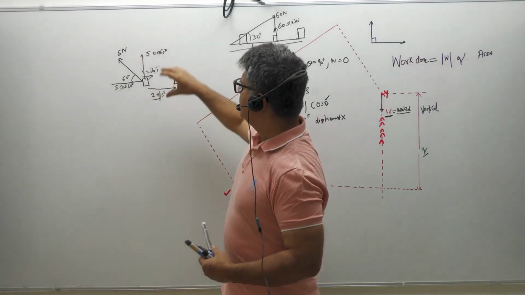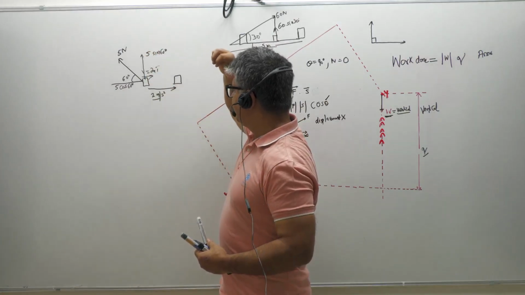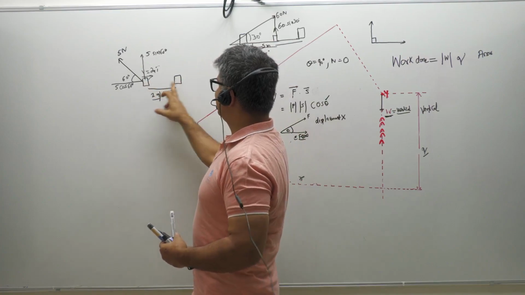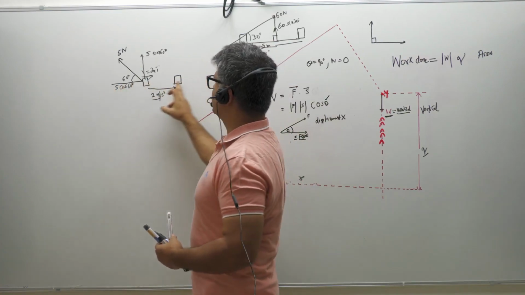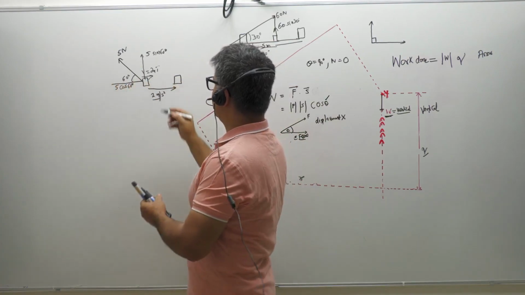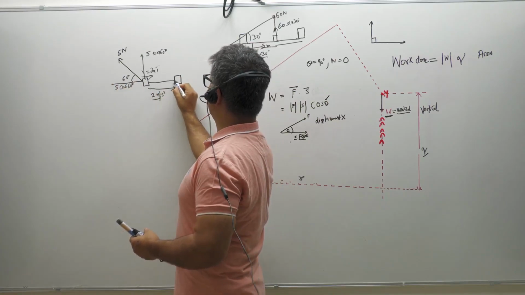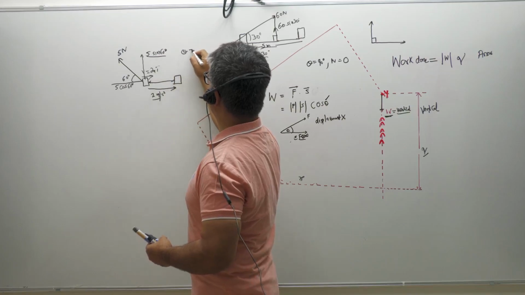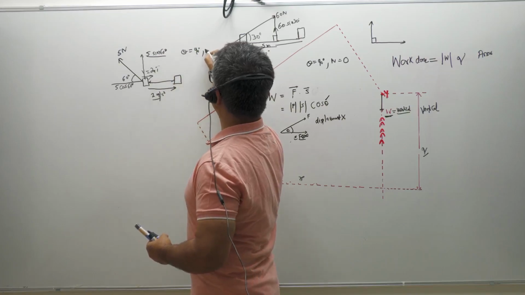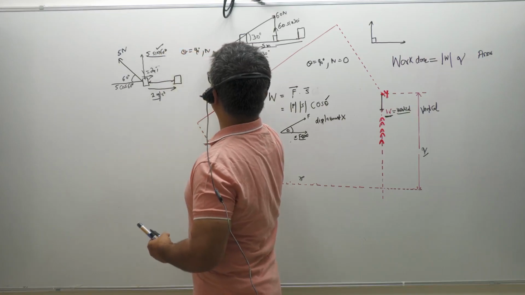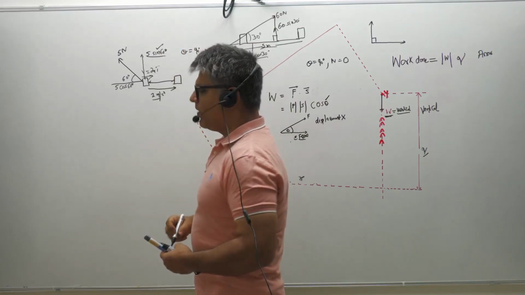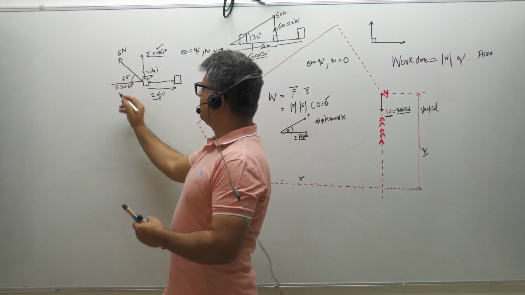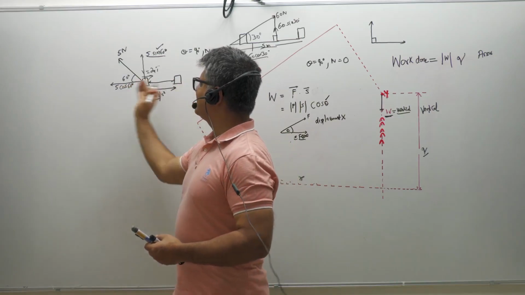Now you can see 5 sine 60 will have no contribution in the horizontal direction, because the displacement of the body is in the x-axis and this is in the y-axis. So theta is equal to 90 degree, so the work done by this 5 sine theta is equal to 0.